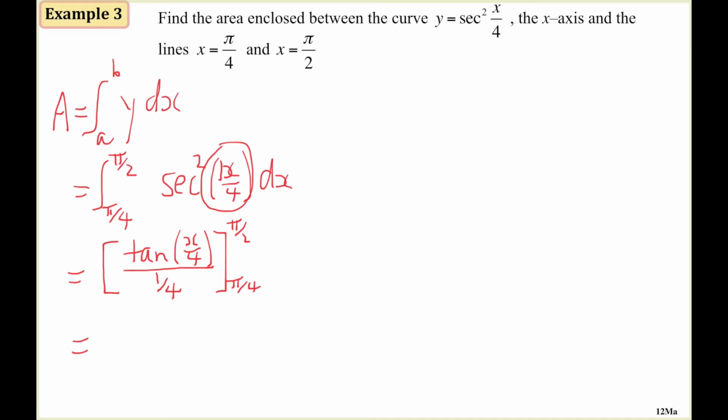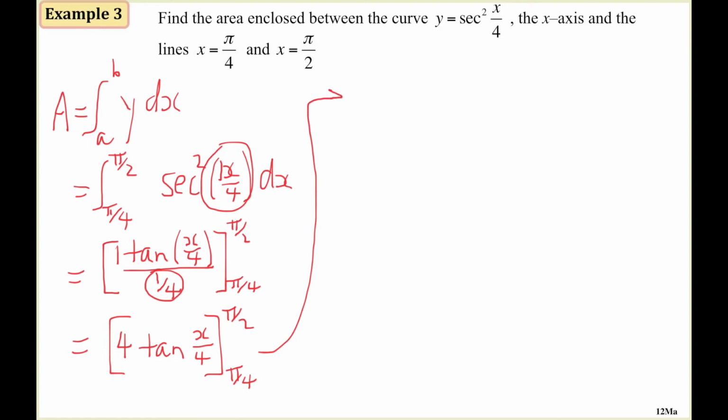Now remember, that's like a 1 out the front and a quarter goes into 1 4 times. We could tidy that up and write it as 4 tan x on 4 from pi on 4 to pi on 2. Now what will that actually equal?